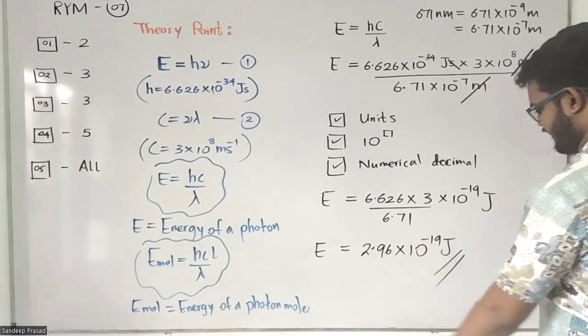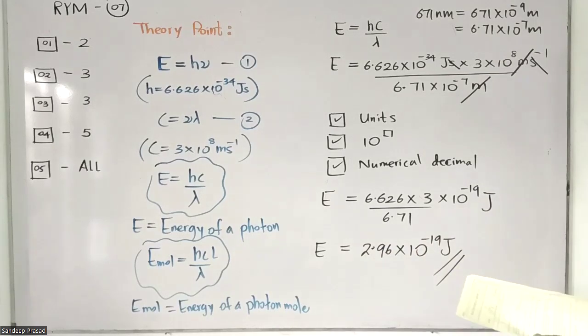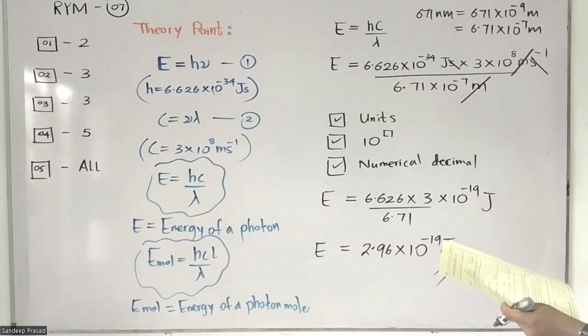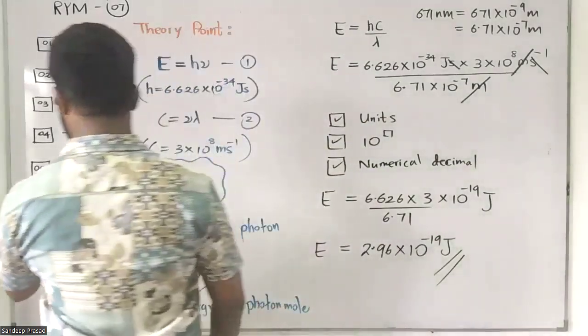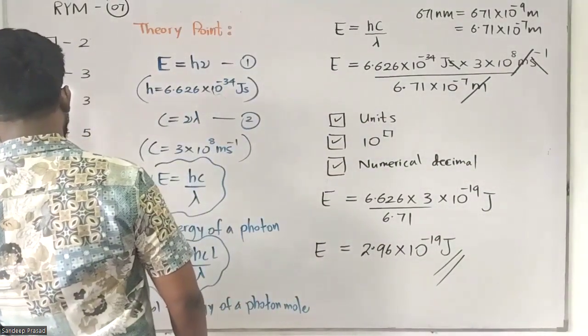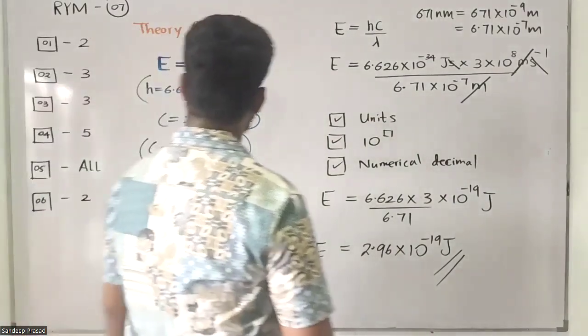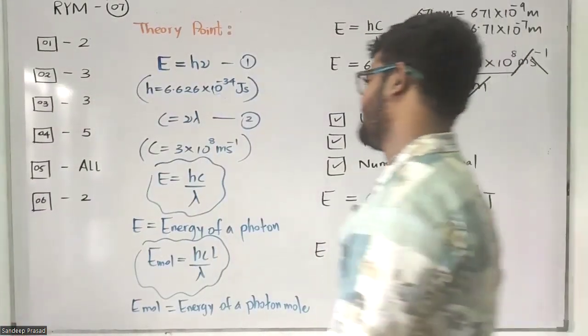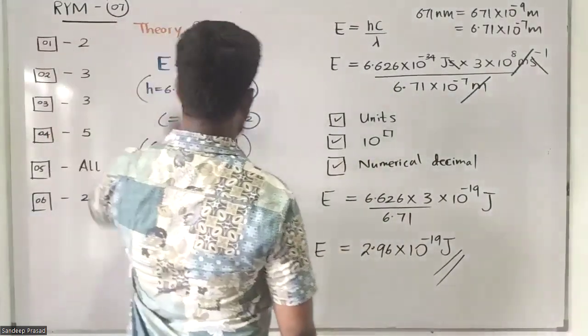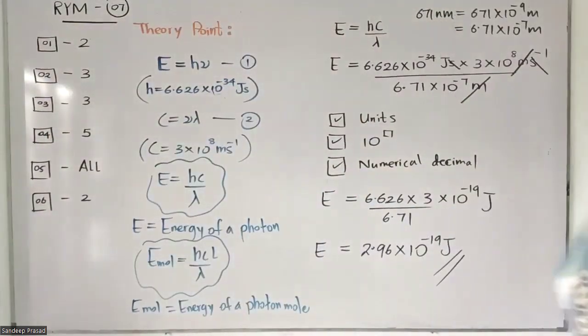So this is the energy of a photon. This answer is given in the second option. Question number 6, the answer is the second one. These are very simple calculations we discussed in the theory classes.